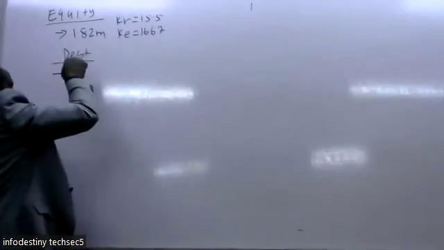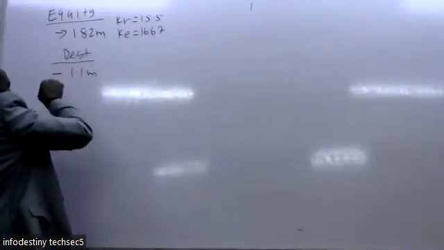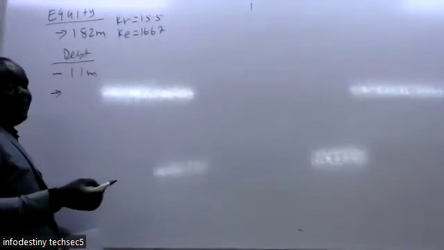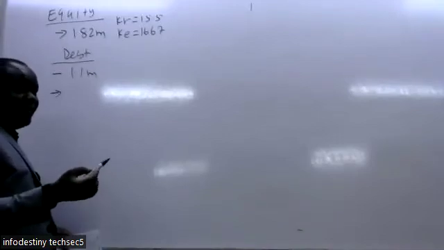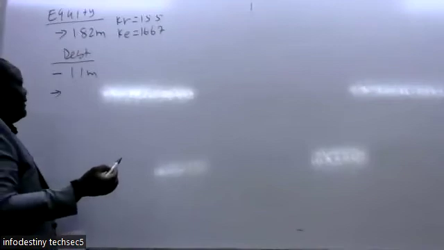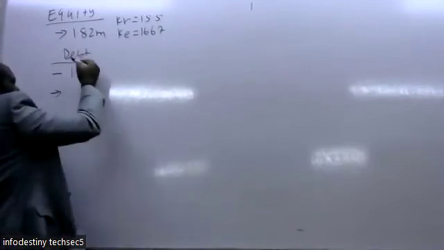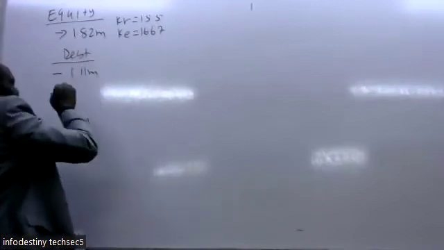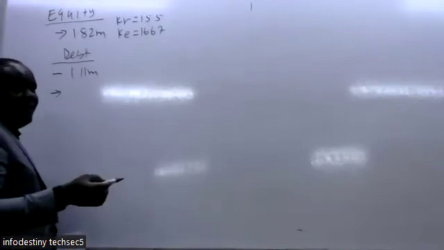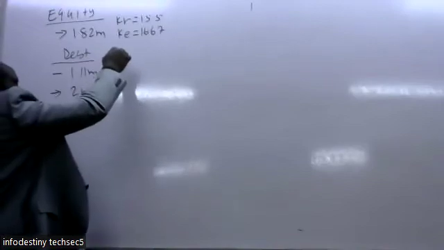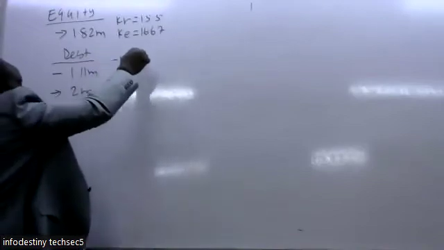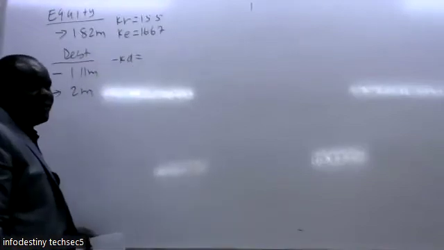1.1. The second breakpoint is there in part Roman letter 1 of the question. This one was 1.11. This one was 2 million. Then we calculated 3 KDs.